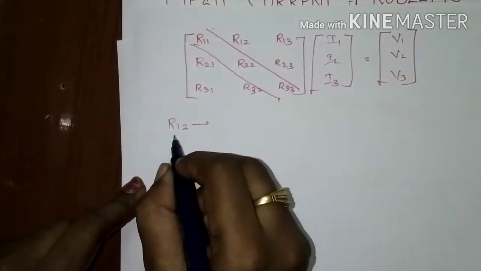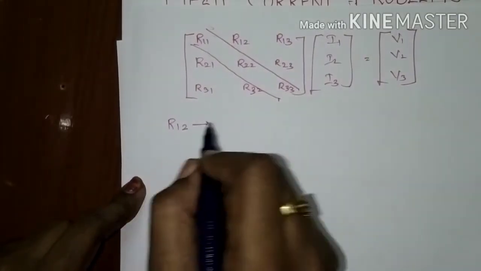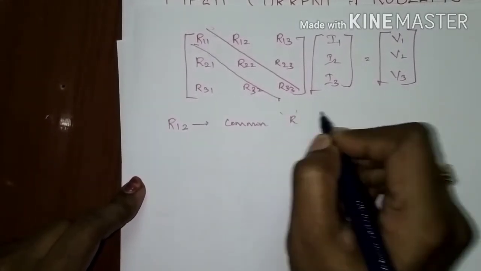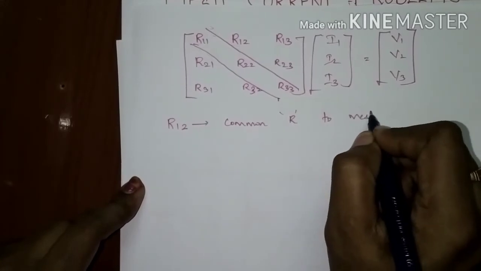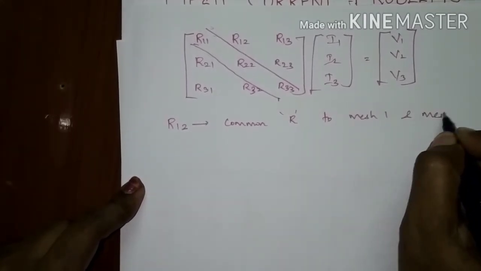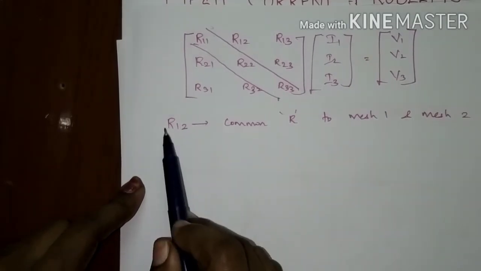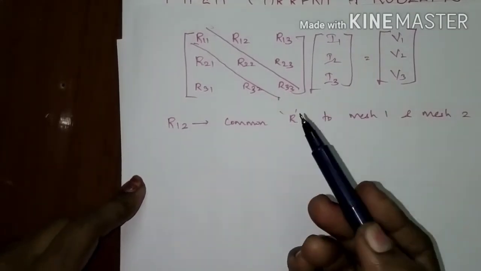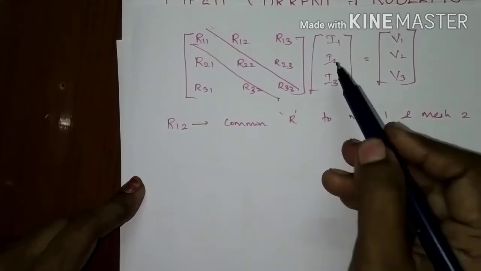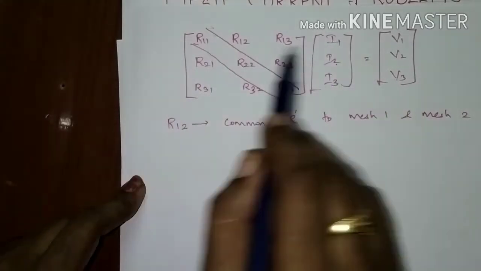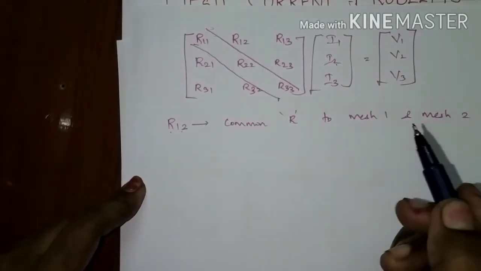R12 is the sum of the resistance which is common to mesh 1 and mesh 2, according to the subscript. This R12 can be either positive or negative depending upon the current flowing through the circuit. If both I1 and I2 are in the same direction, then R12 is positive.